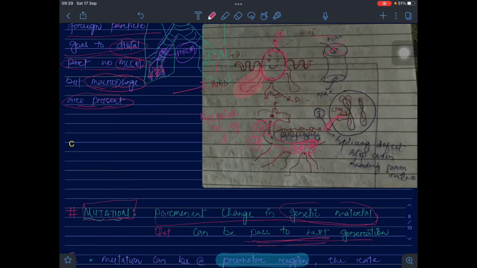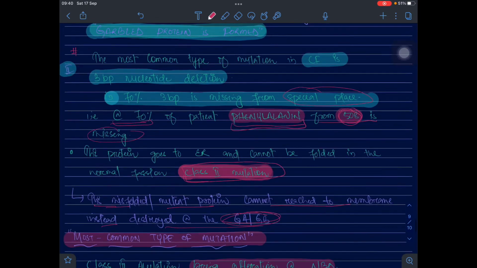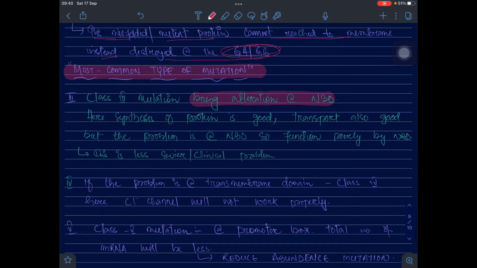From the beginning a good protein is synthesized, it is folded properly, it is going out of the endoplasmic reticulum, but due to the problem in the NBD, the nucleotide binding domain, it cannot bind properly, so there will be a problem. Synthesis of the protein is good, transport is also good, but the problem is at the NBD, so it functions poorly. This is quite less in clinical problem, but it's also a problem.